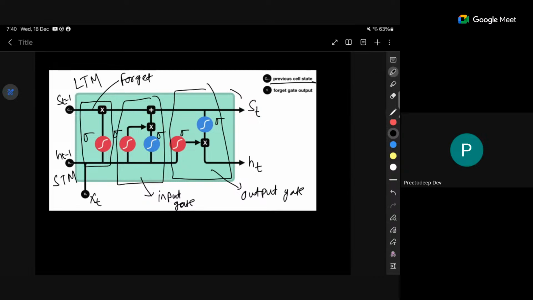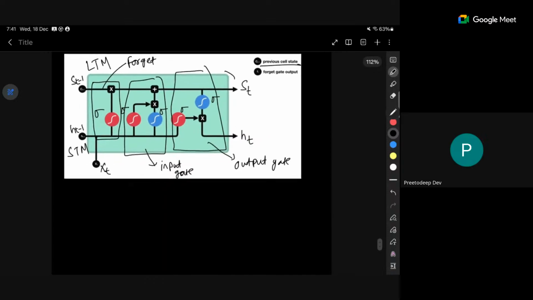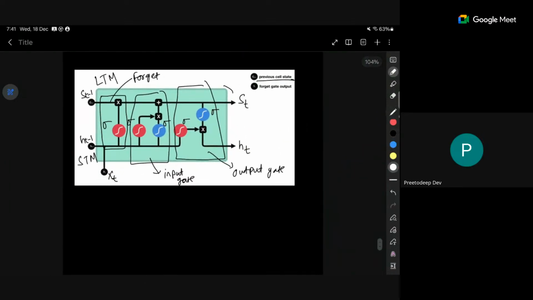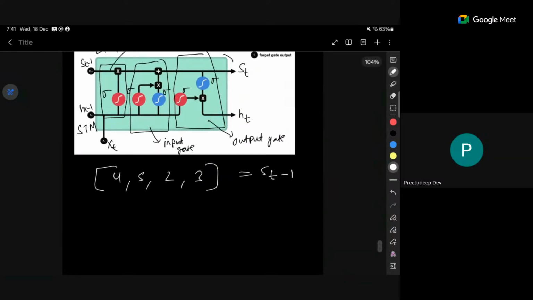Let's say you get a vector of 4, 5, 2, 3, something like that. Think of this as ST-1. You may want to forget something, or you may want to remember it totally. One thing you can do is multiply this by 1. That means you want to remember everything; you don't want to forget anything.